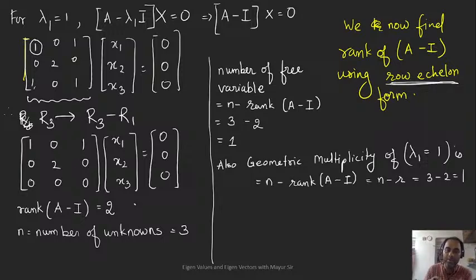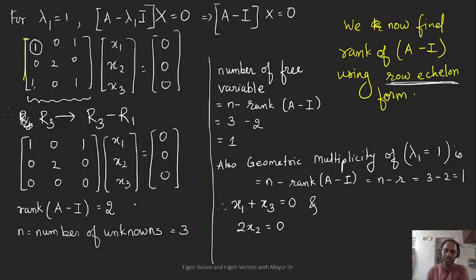Now we go for simplifying for the eigenvector. How to simplify for the eigenvector? Let us see that. So what do we get from the first two equations? Here I get x1 plus x3 equal to 0, and another relation I have got is 2x2 is equal to 0.